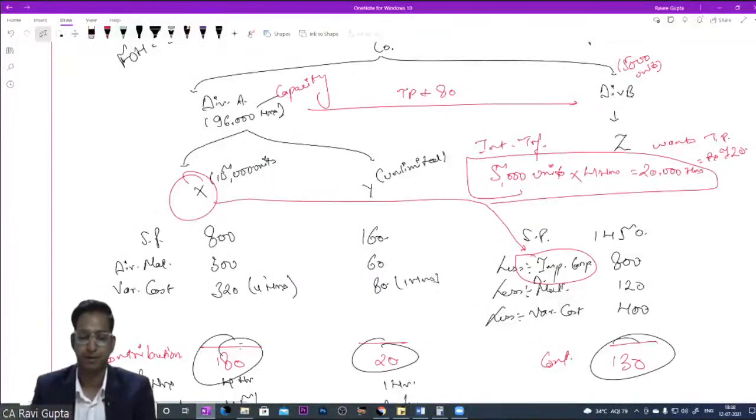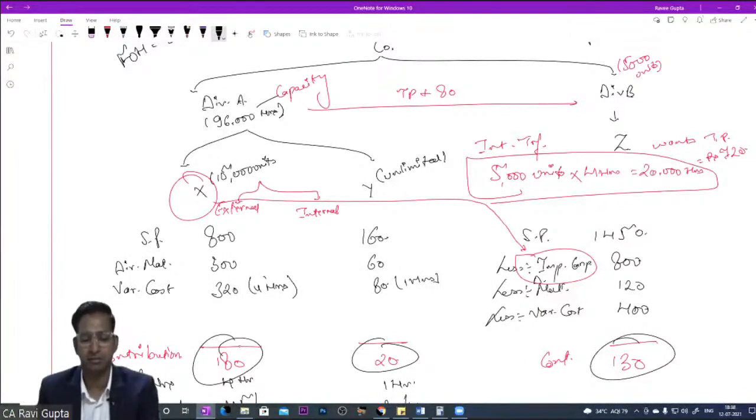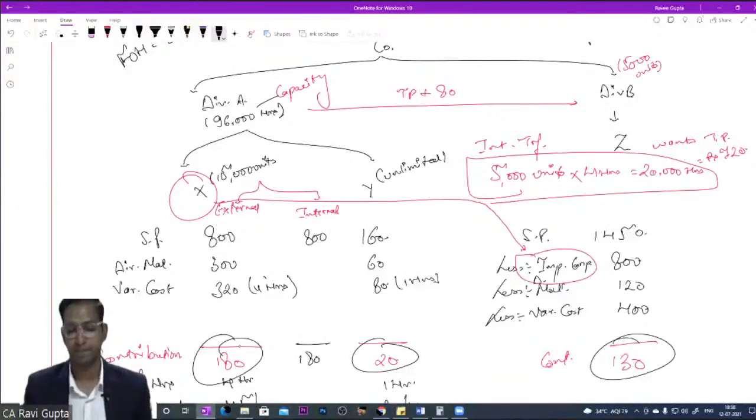Now, this was external. Now we will be having internal sales as well. And the selling price is same. If it's 800 rupees, then contribution will also be 180 rupees.